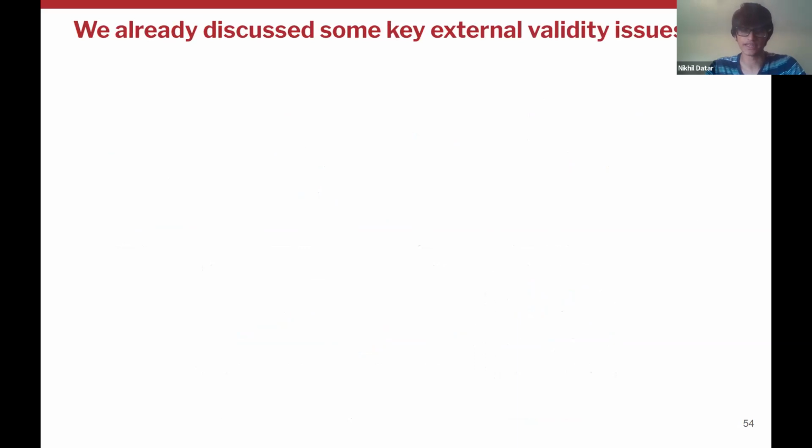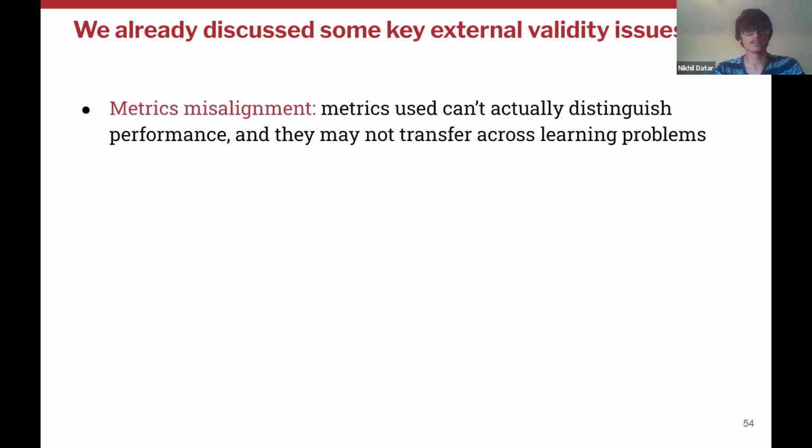Hopefully you noticed that some of the challenges that we discussed early on in the presentation actually fall under the external validity issues. We discussed metric misalignment, or improper metrics being used to assess patient outcomes. Often the metrics used cannot actually distinguish performance between different models. So we need a combination of metrics, or we need to create new evaluation procedures for determining which model is better than the other.